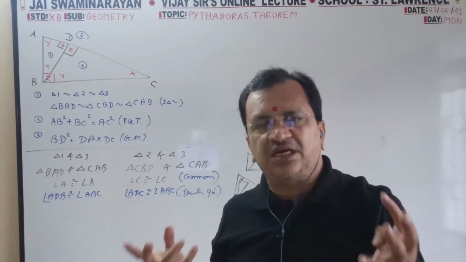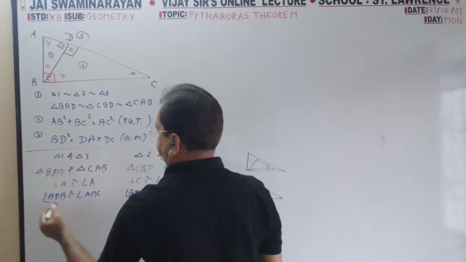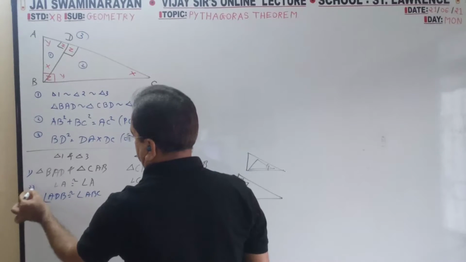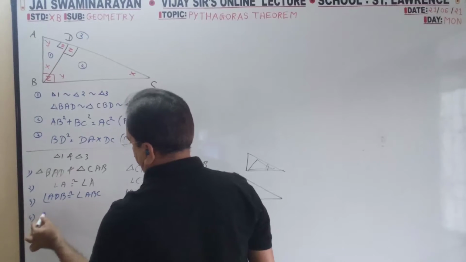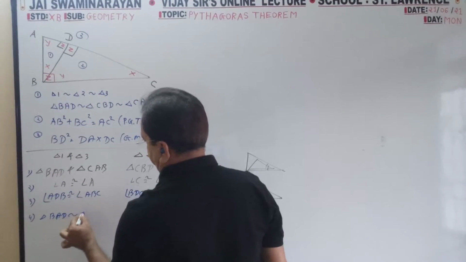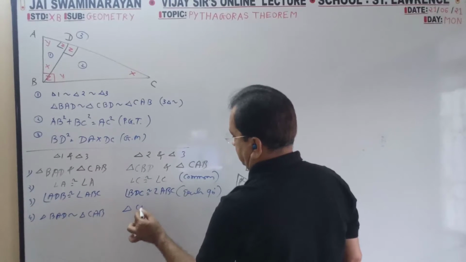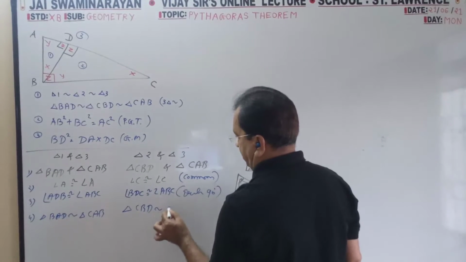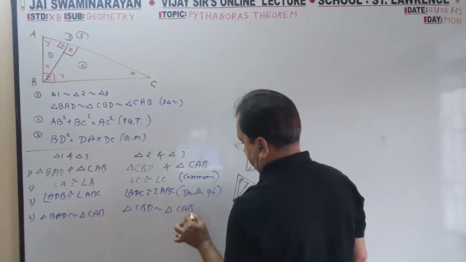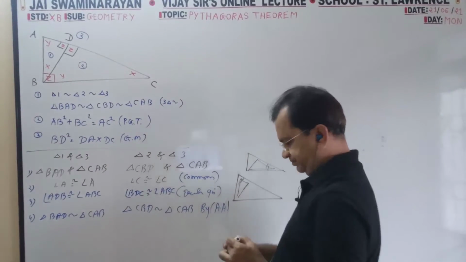So both the triangles are similar by a test. So first, second, third, fourth triangle: BAD similar triangle CAB. Triangle CBD similar triangle CAB by AA test.